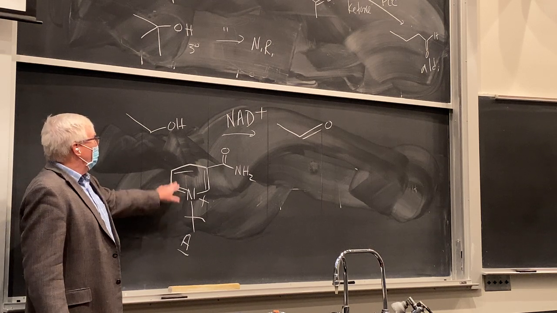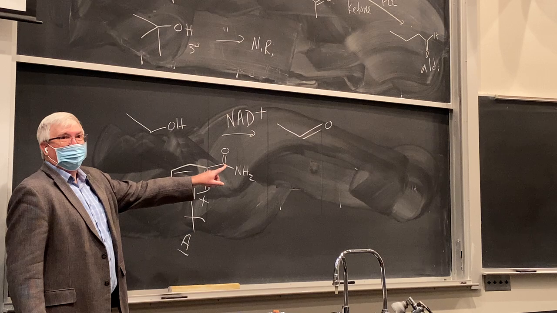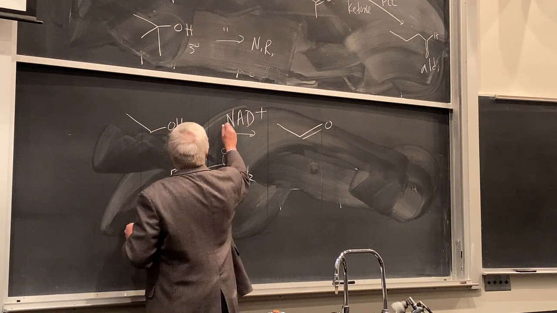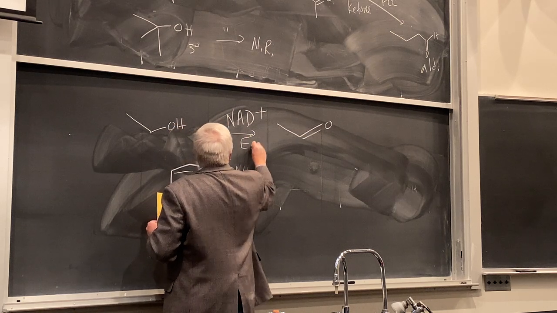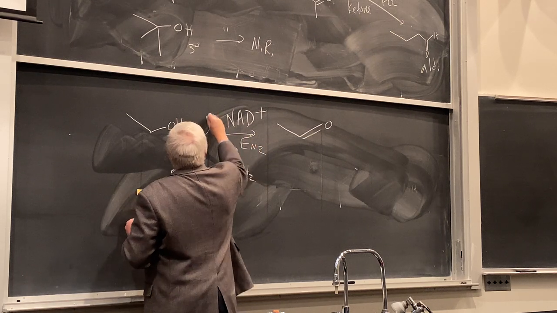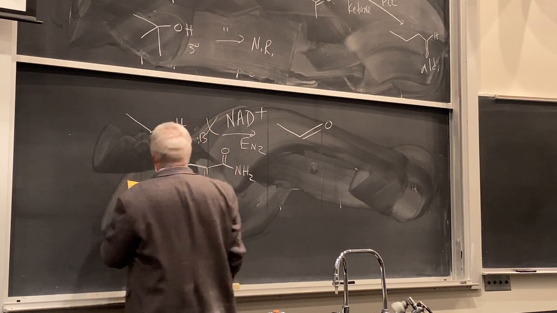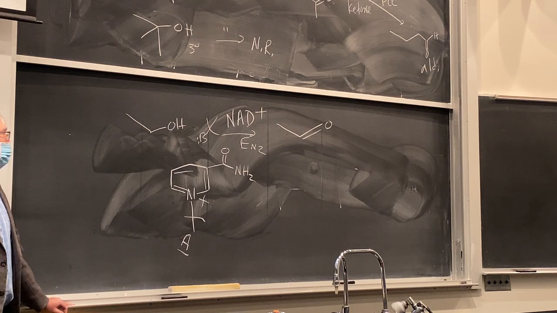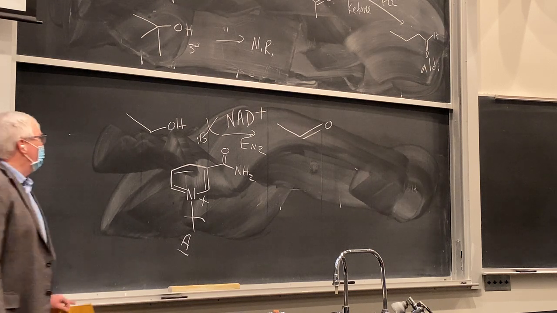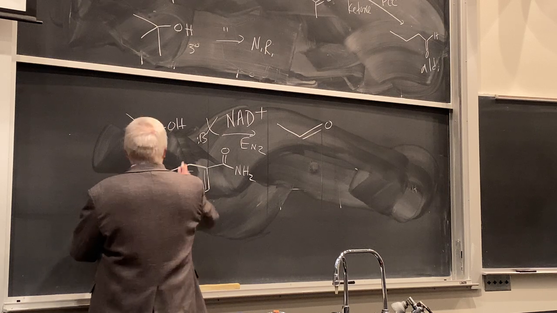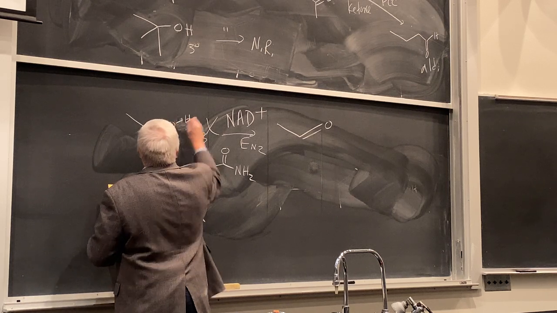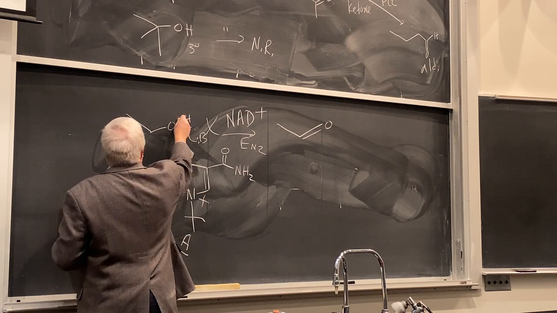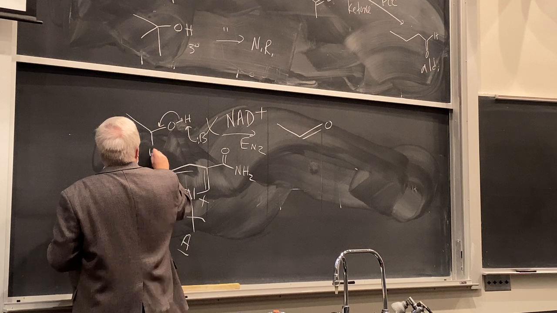How does NAD+ convert an alcohol into the oxidized aldehyde product? Well, it does this. It has an enzyme here, and this enzyme has a basic side chain, which is usually a histidine. There's an amine base inside the enzyme, and the enzyme is going to take this proton off the alcohol and flow these electrons in here.